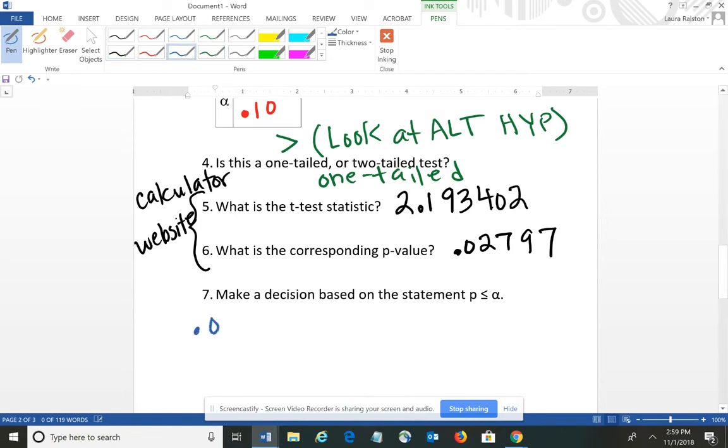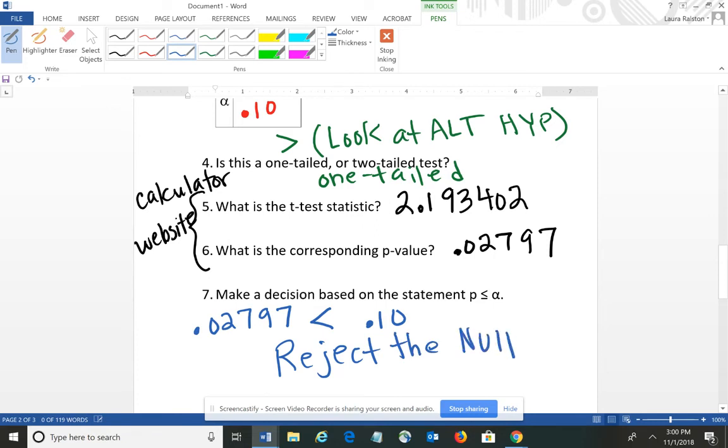P is 0.02797. Alpha is 0.10. In this case, 0.02797 is less than the 10% significance level. So that means we're going to reject the null hypothesis.